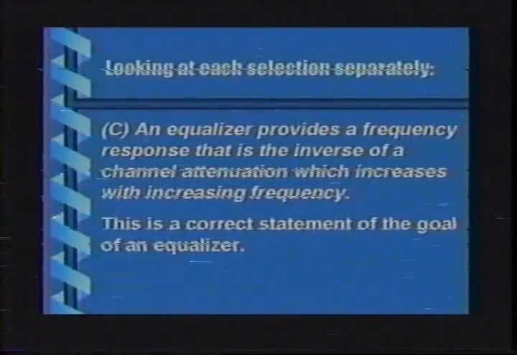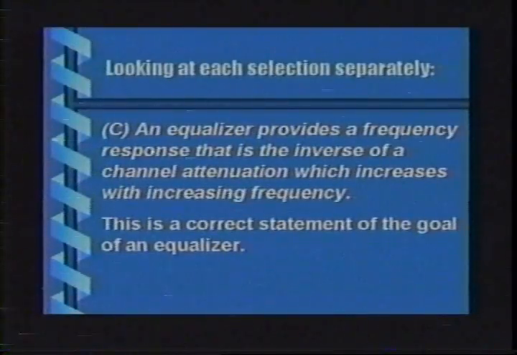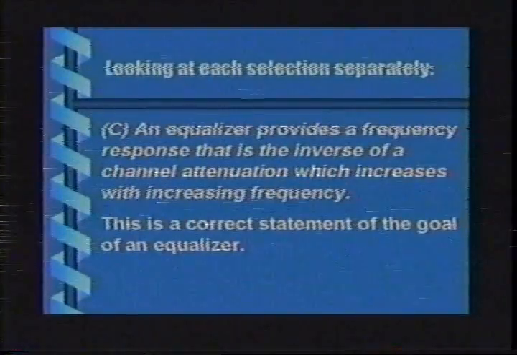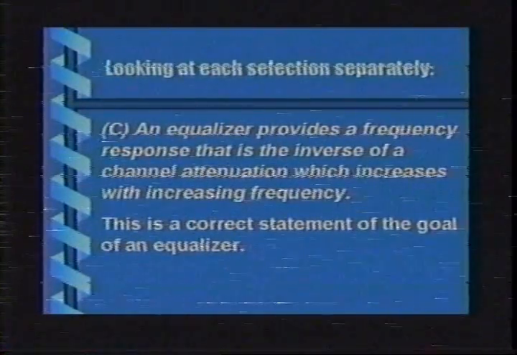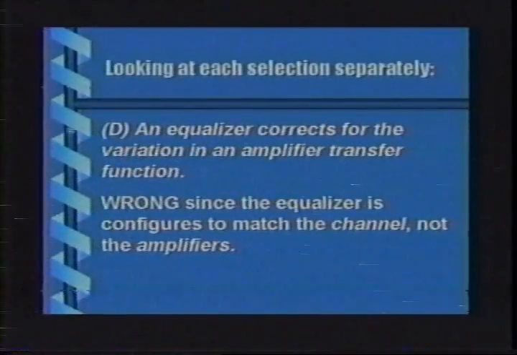C states that an equalizer provides a frequency response that is the inverse of a channel attenuation, which increases with increasing frequency. Well, this is certainly a correct statement of the goal of an equalizer. It's almost like the definition of what an equalizer is. Let's continue to make sure C is the most correct possibility.